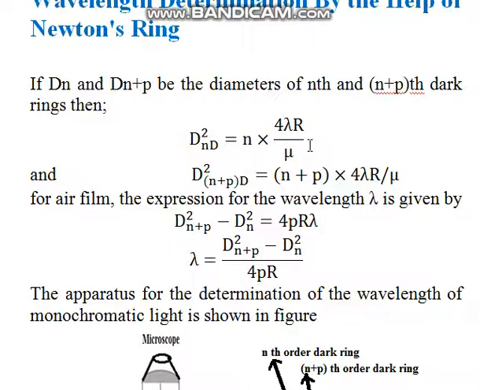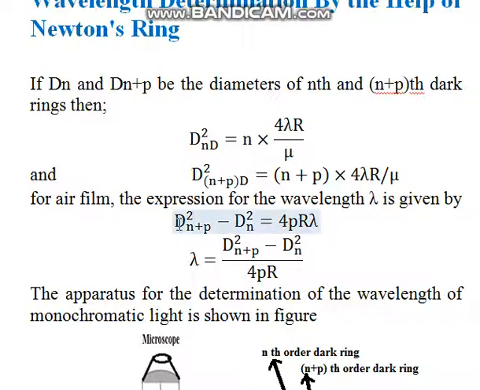Suppose there are two dark rings, one of nth order and the other of (n plus p)th order. Their diameters are represented by Dn and Dn+p. Then we can write the diameter equations for these two dark rings given by these two formulations.